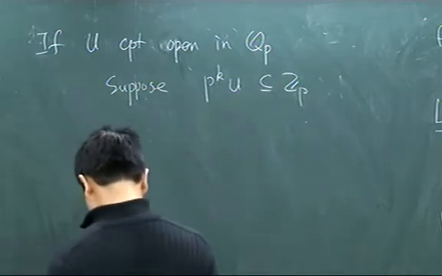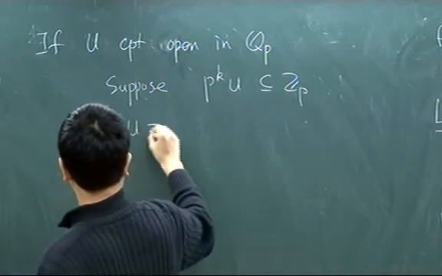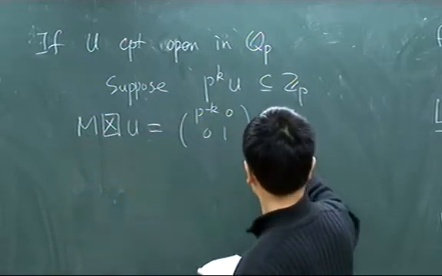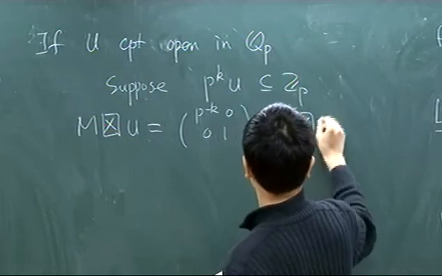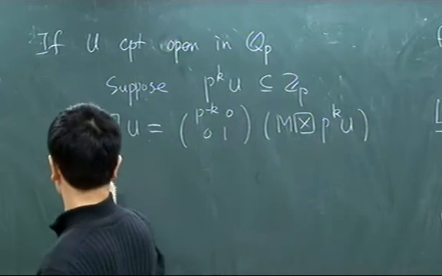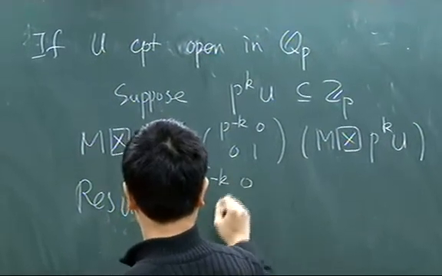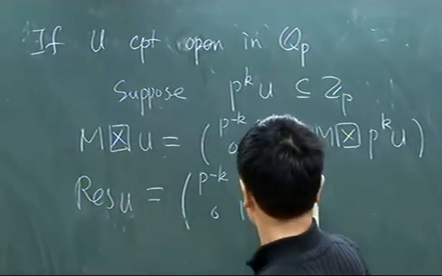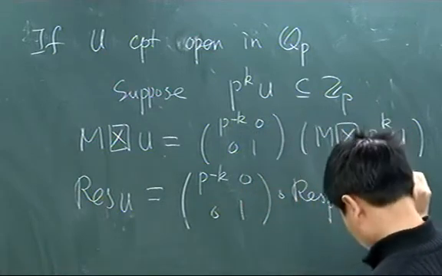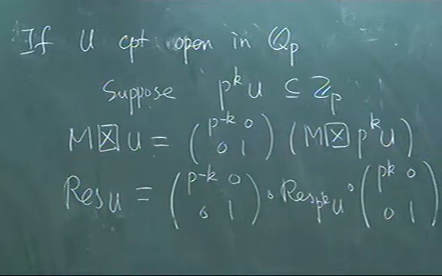Then we just define M as p to the negative k, 0, 0, 1, M, and then the restriction to p^k U. Okay, so that's the restriction.